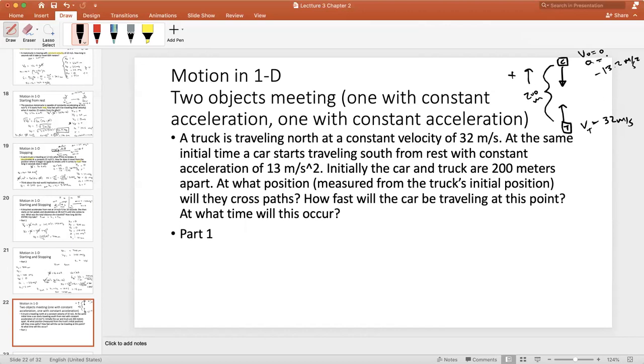I don't want to get into that, but essentially you need to remember the acceleration and the velocity of the car will be negative. Its position will always be positive, although it will be decreasing, because we're going to call this x is equal to 0, and we're going to call this x is equal to 200 meters. And what we want to know is at some point they're going to cross paths.